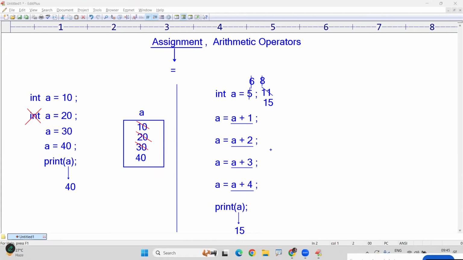Just assigning, assignment operator. After execution of that logic, the assignment operator is used to assign the value into the variable. Okay, please write this. I'll give you a few questions to practice.